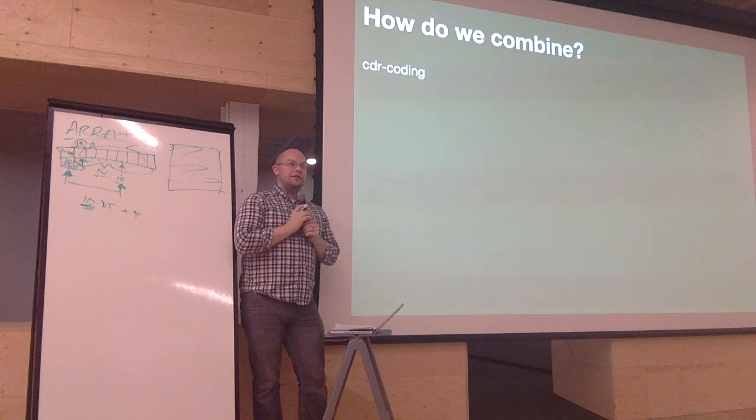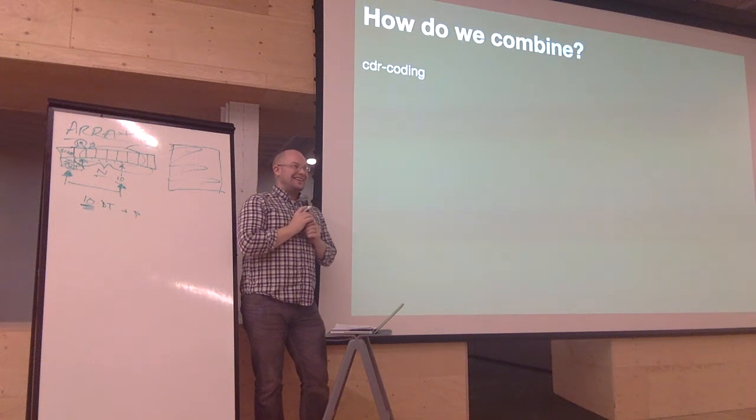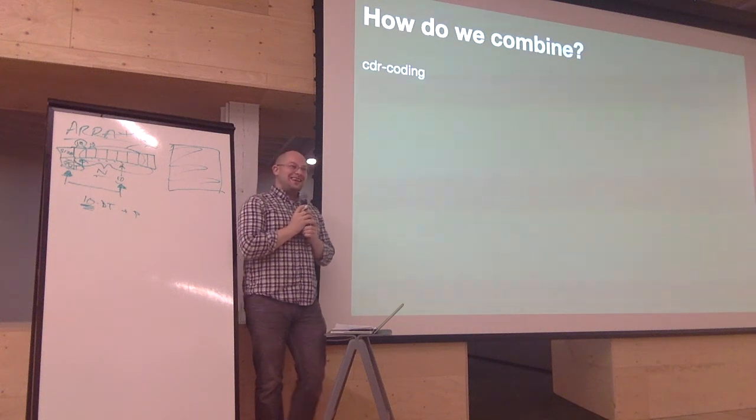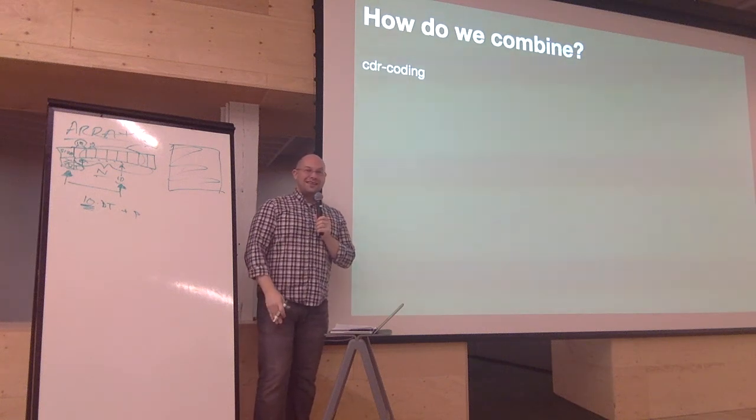Out of curiosity, does anyone know what car and cdr stand for? Wow, like 5 people, and you didn't even Google it. That's amazing and slightly horrifying. Does anyone want to tell us?